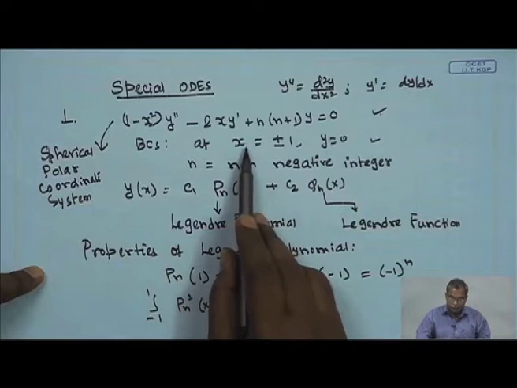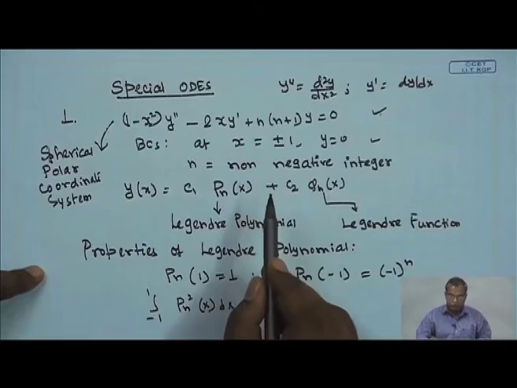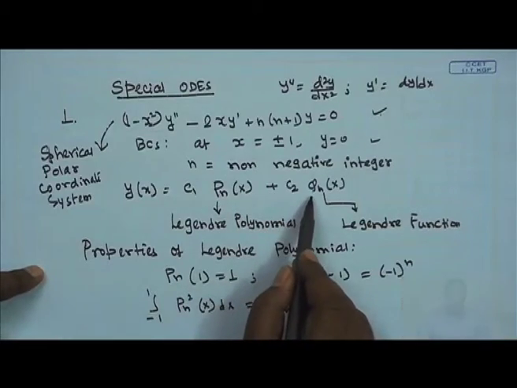Since the domain of x varies from minus 1 to plus 1, and at the boundaries minus 1 and plus 1 Qn is unbounded, this physically implies something about the associated constant, because we are going for a bounded solution. If the solution is divided into two parts and one part goes unbounded at a particular boundary, then the whole solution becomes unbounded. Therefore, the associated constant must be equal to 0.